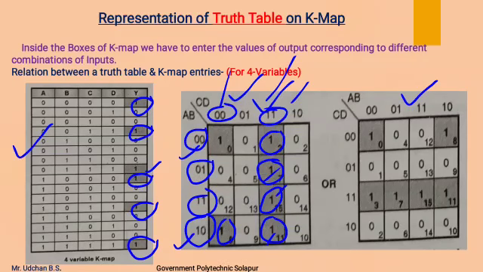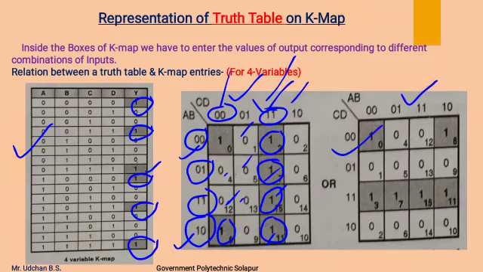For the remaining input combinations, the output is 0, so directly we can enter zeros in the remaining cells. This is a shortcut to enter the output values, in which we observe only the input combinations for which the output is 1, and then enter zeros for the remaining cells.